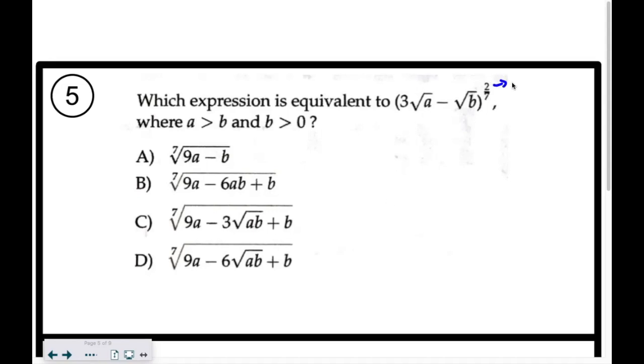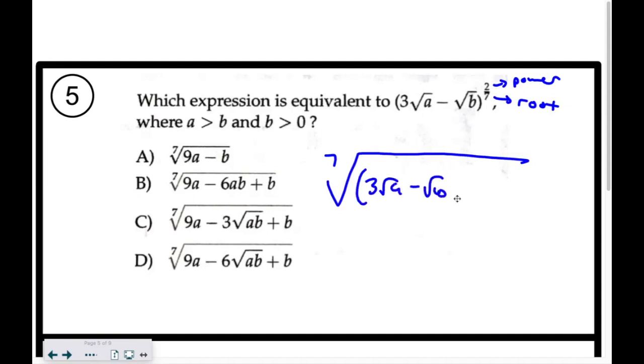So this 2 represents the power, and this 7 represents the root. So we're going to have the seventh root of 3 root a minus root b squared. Well, they're all seventh roots, so that doesn't really help me.